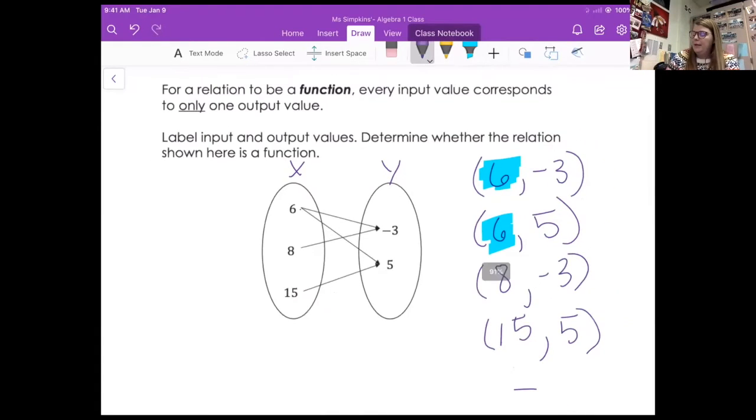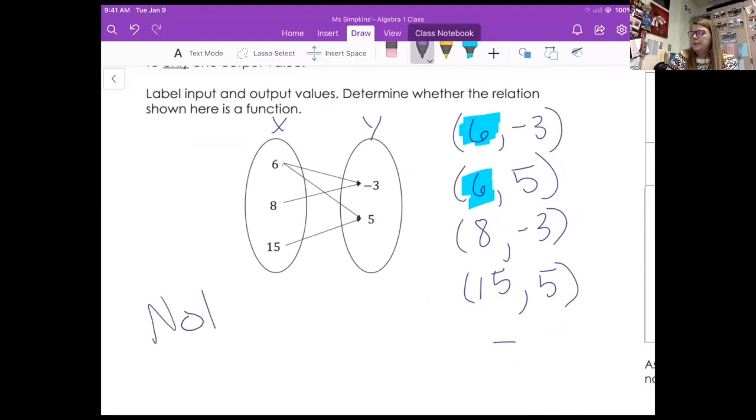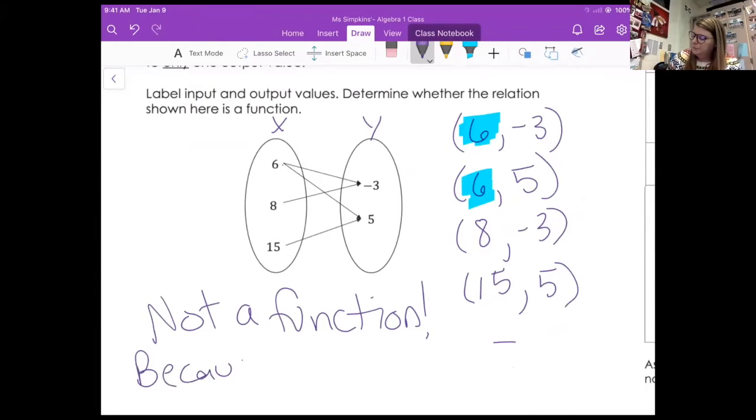Because that's happening, this is not a function. For it to be a function, that 6 is only allowed to be paired with one output value. And in this case, it's paired with 2 output values. It's paired with -3 and it's paired with 5. So this is not a function because 6 has more than one output.